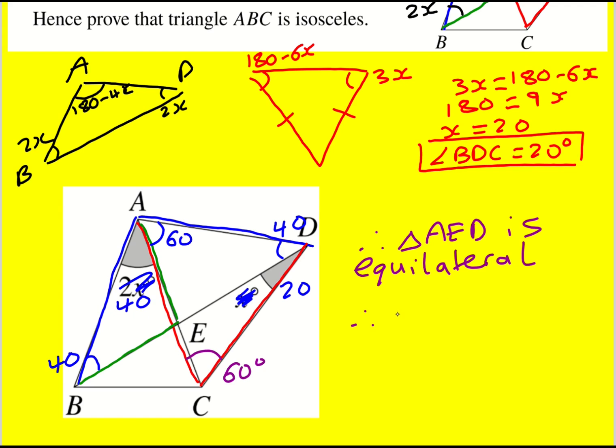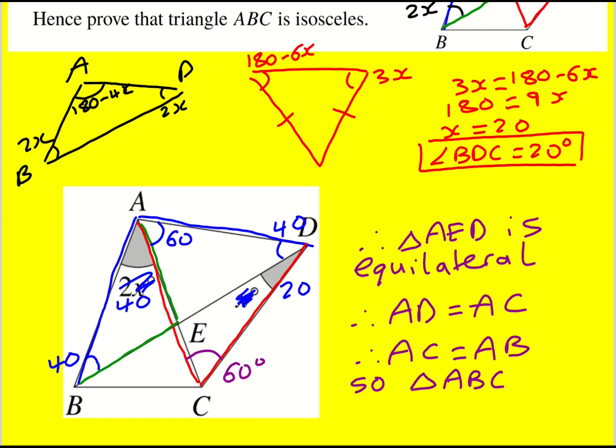And that means that AD is equal to AC. The blue and the red lengths are the same. And therefore, AC is equal to AB, and that's all we need. So, triangle ABC is isosceles.